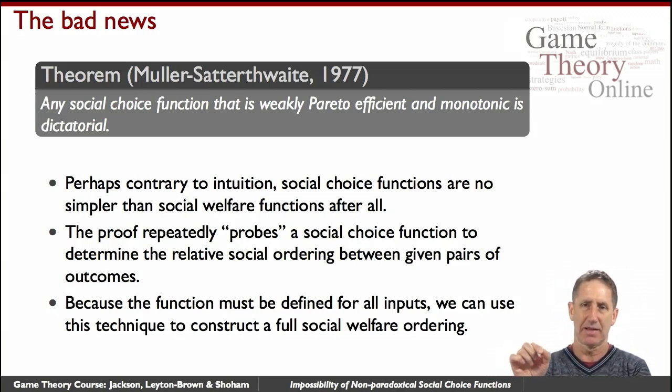Since the social choice function must be defined for all inputs, as we vary the inputs, we can find the total social welfare ordering. So in fact, we can use the social choice function to recover the social welfare function. That's the intuition behind the proof, and why social choice functions are maybe as counterintuitive or complicated as social welfare functions.